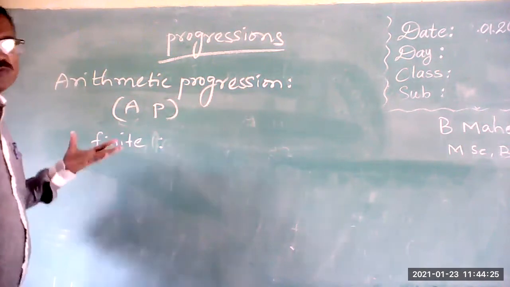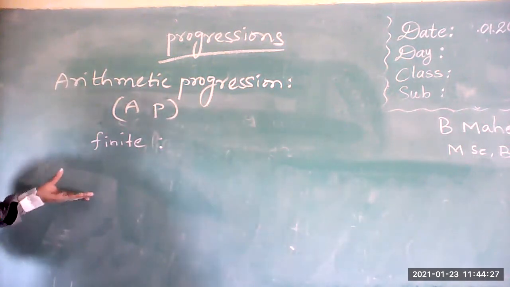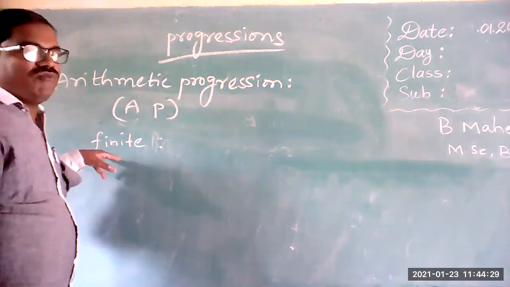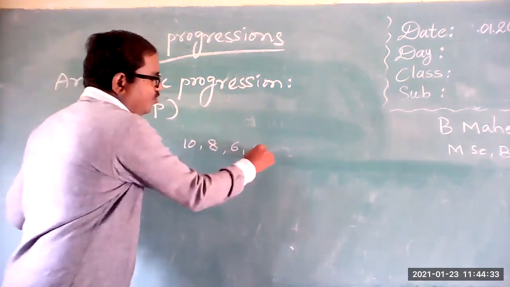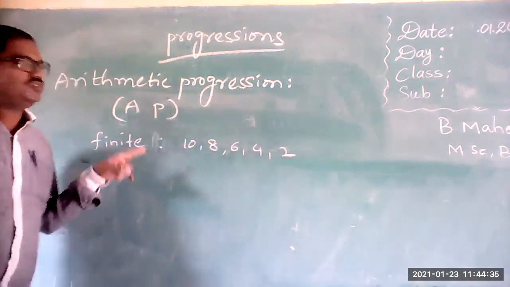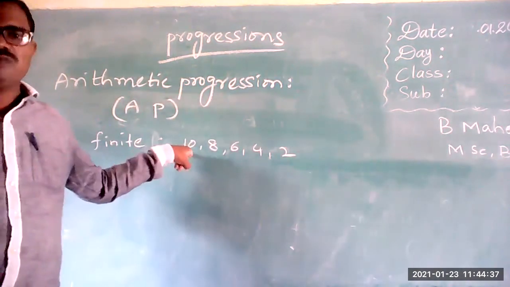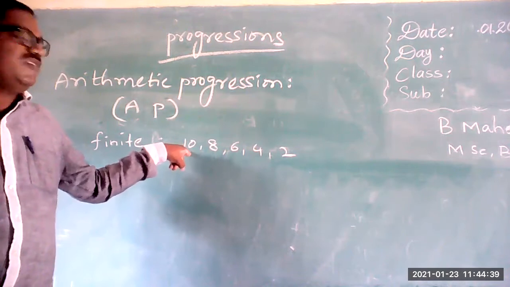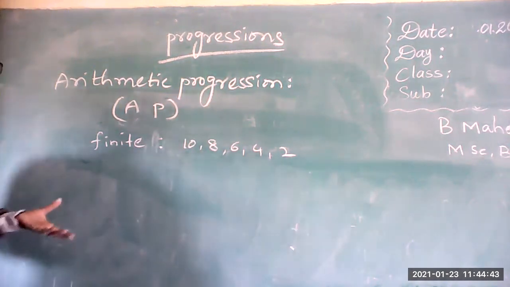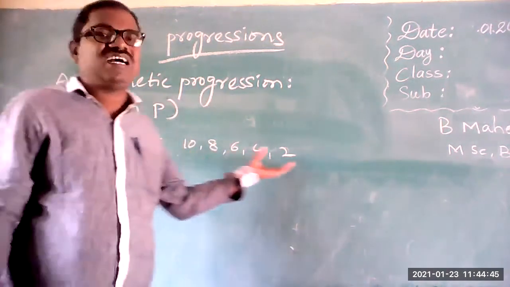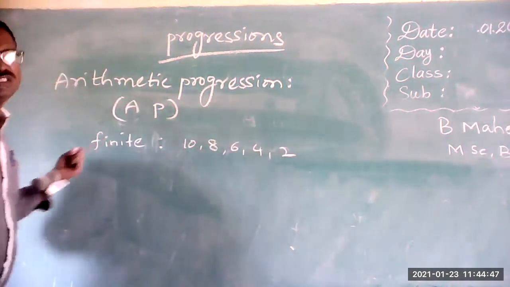How many terms are there in the given arithmetic progression? For example, 10, 8, 6, 4, 2. Here how many terms are there? 5 terms. So this given series is countable, meaning finite. We can give the answer. This type of arrangement is called a finite progression.